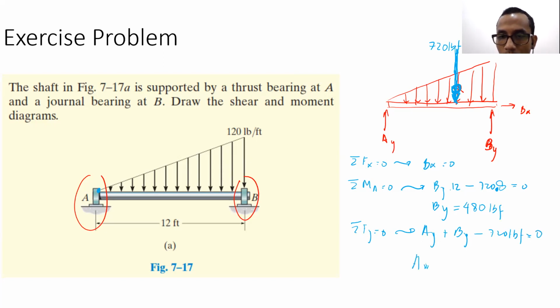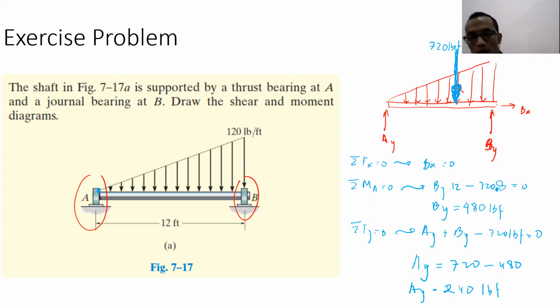BY is 480, so AY is 240 lbf. Yes, correct. So we have all the constraint loads, all the reaction forces.